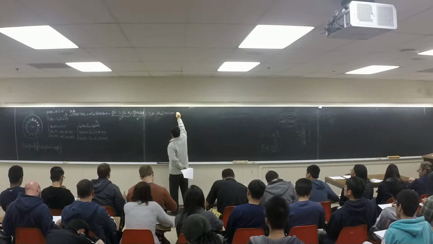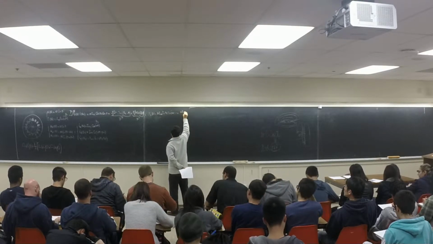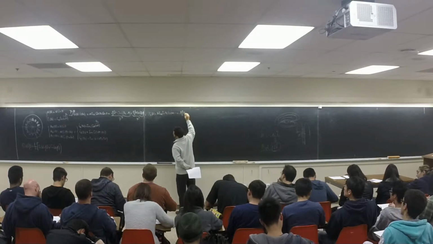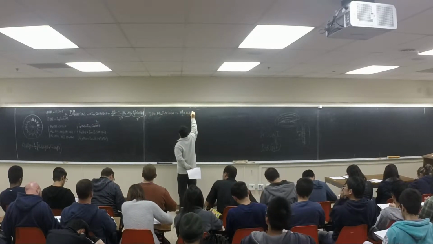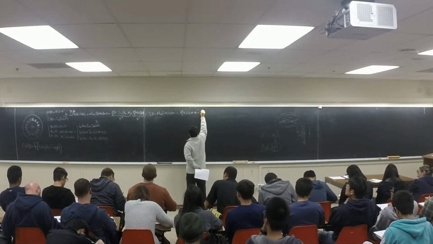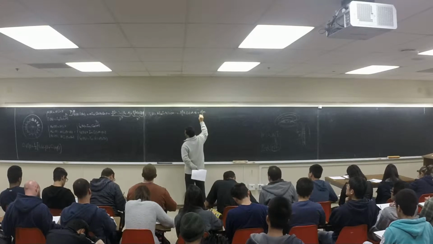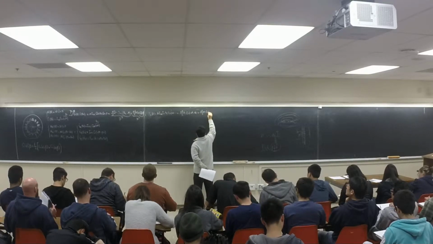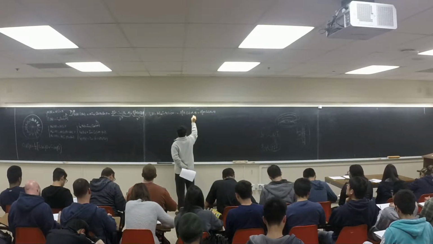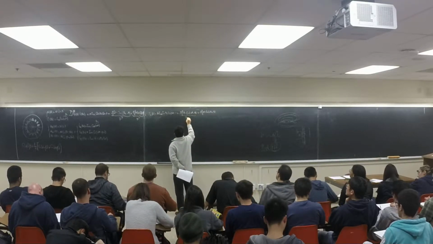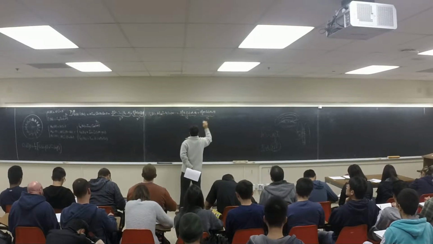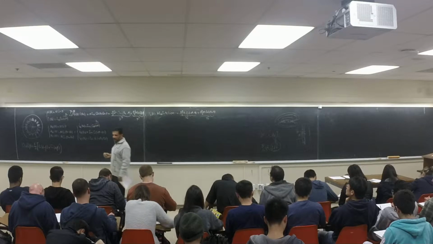Is going to be N IM over 2 cosine of omega t minus theta plus NIM over 2 cosine of omega t plus theta. Let's call this one FA plus and call this one FA negative. Right? Let's do the same thing for phase B and phase C.